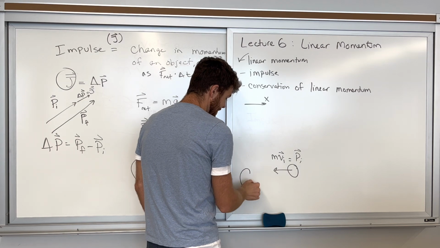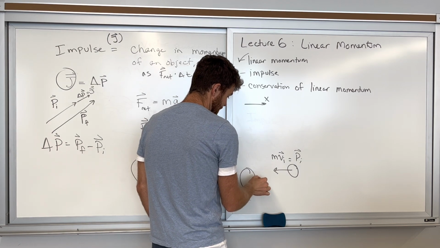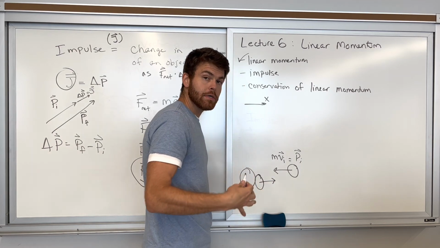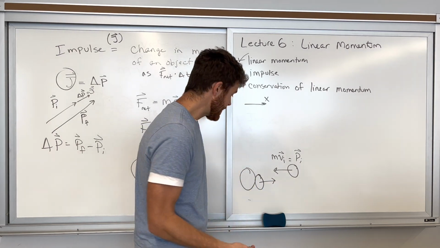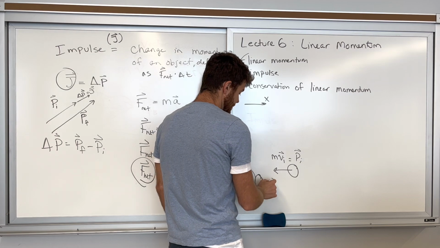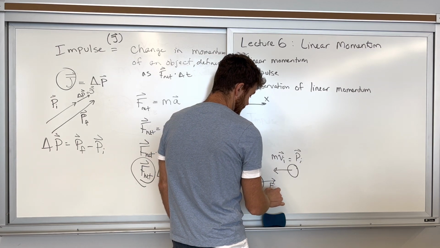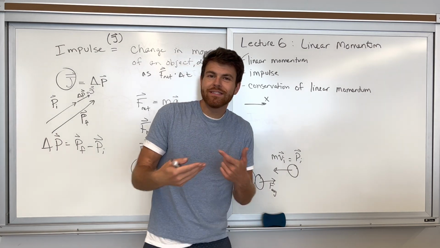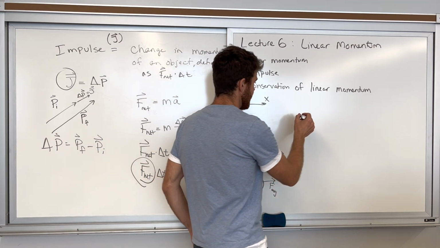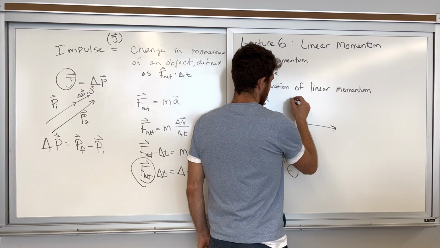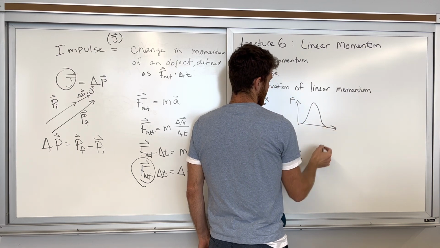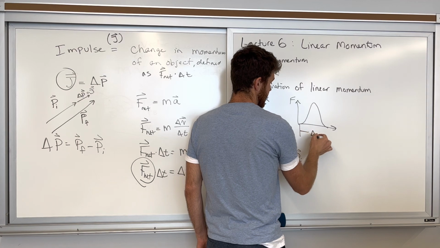Now a bat comes in contact with this baseball, and while in contact, the bat exerts a force on the baseball. Now that force isn't the same all the time. If we would plot that force as a function of time, right? So this is delta t.